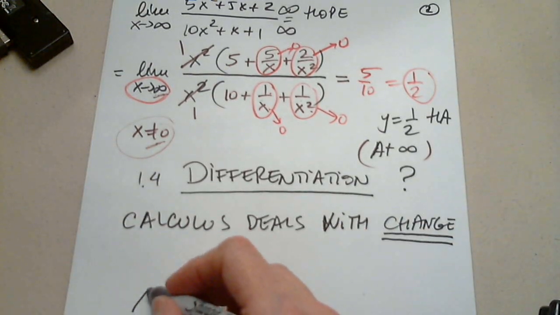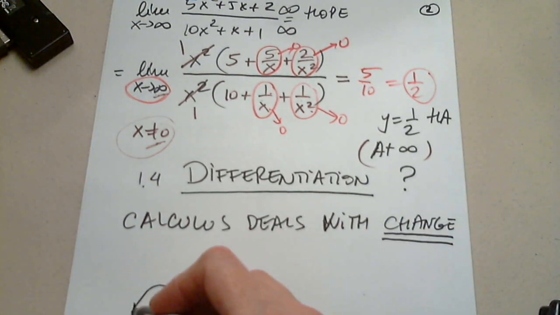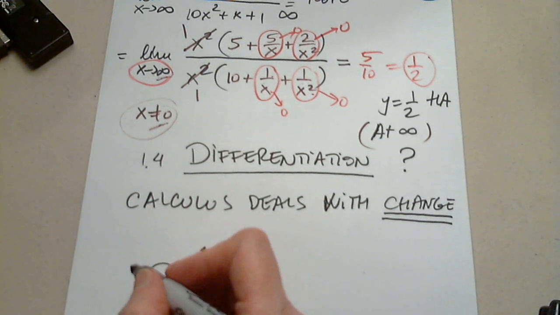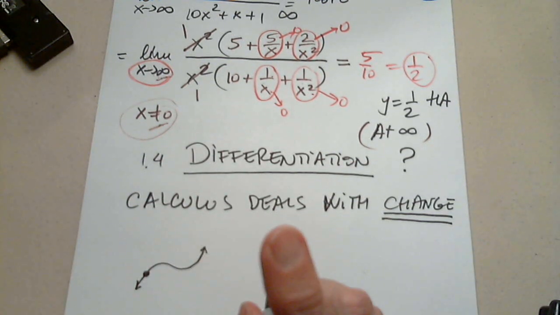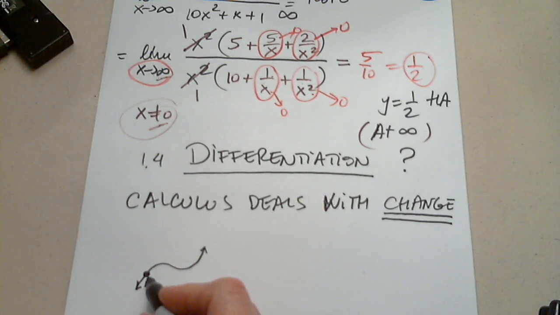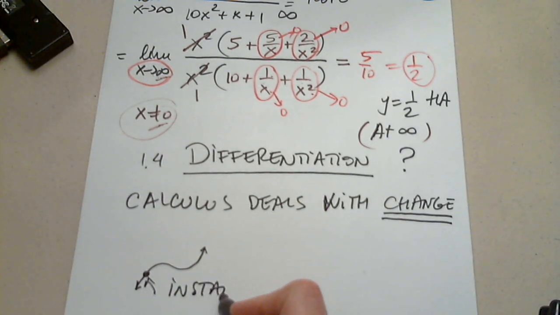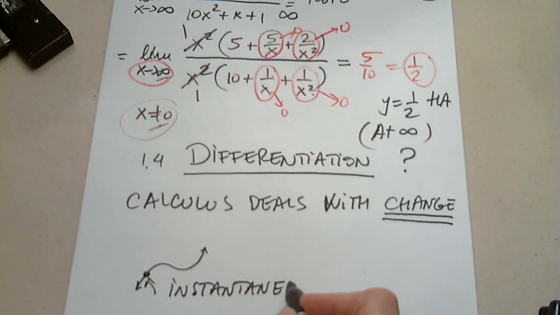So let's say I have a function, and I would like to know at this point, not the average rate of change, but the instantaneous rate of change.